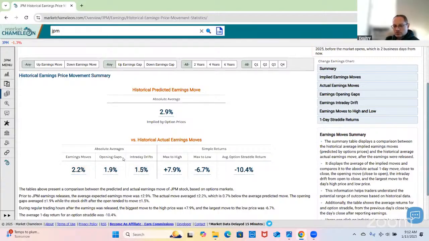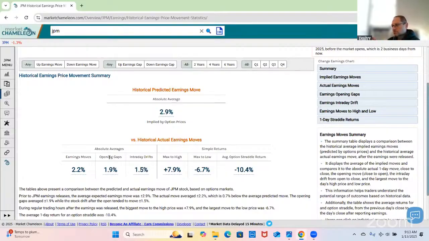The next move looks at the opening gap. The opening gap is looking at the previous day's close to the opening price the next day. So it's just looking at that movement, previous day's close to the opening price instead of the closing price, which gives us the initial reaction of the stock at the open, given that the news has come out.